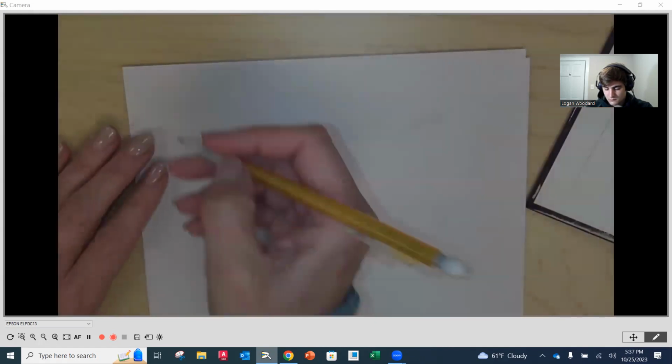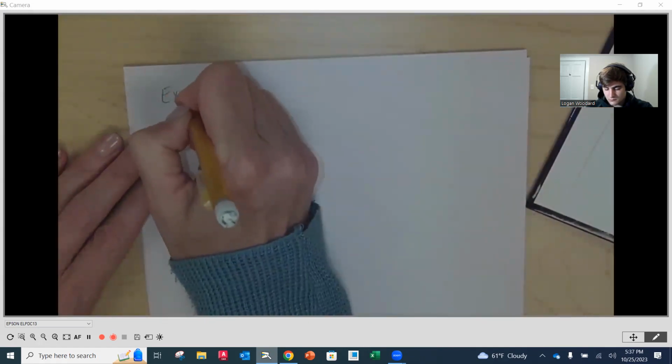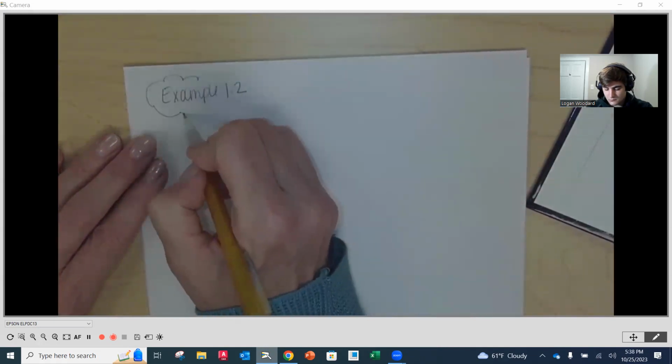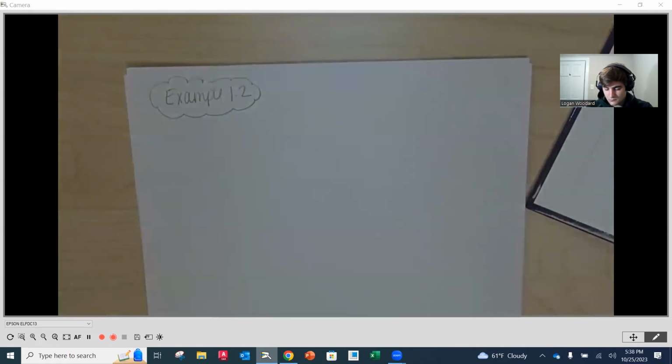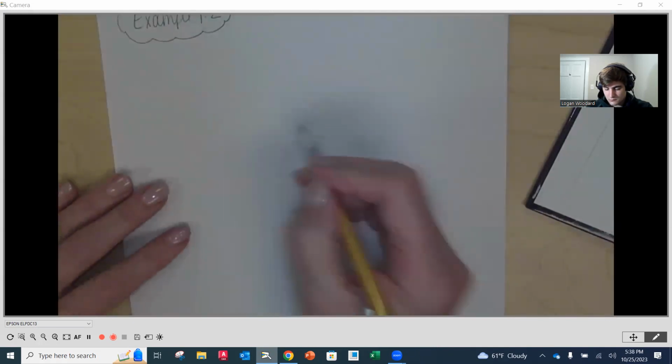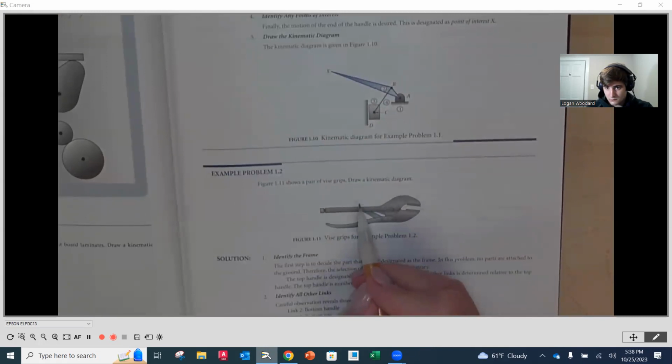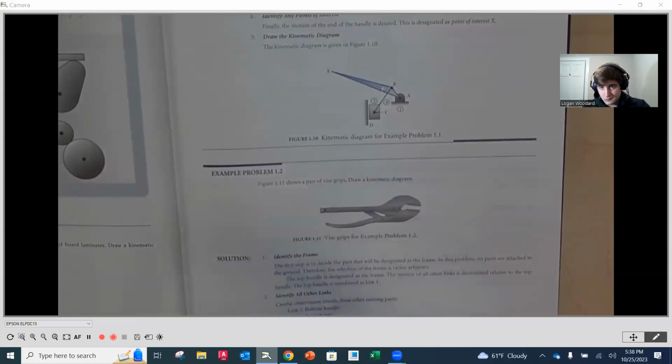Okay, so our next one here, this is going to be example 1.2. Just by the nature of the way that it looks, I'm going to draw my frame symbol going up, and my hatching is going to be on the top side for both of those, because everything else is down below. It would get in the way.